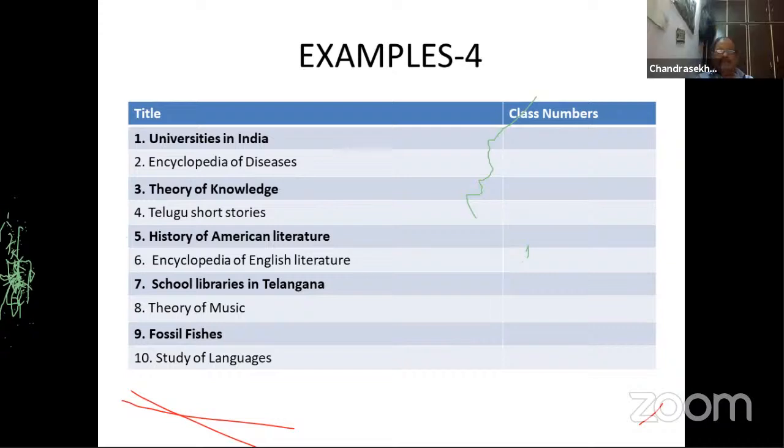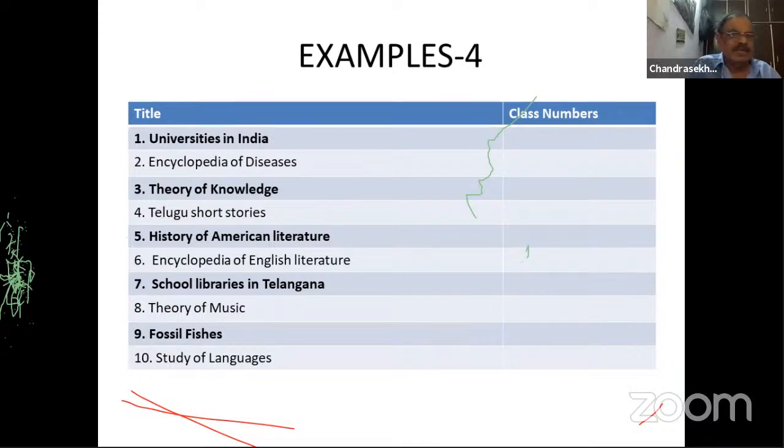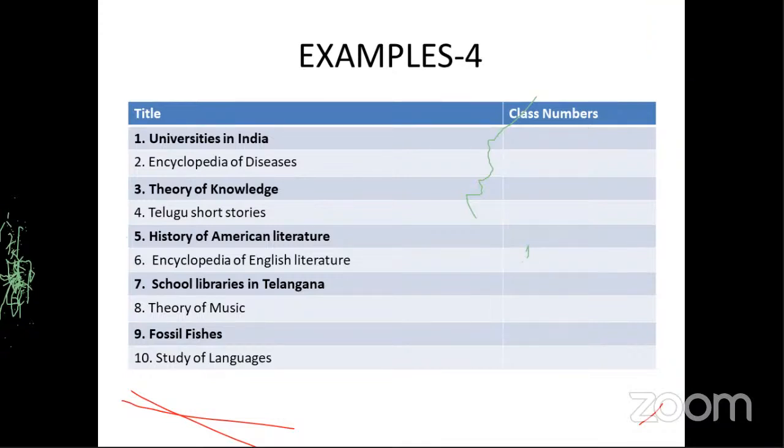So you go to 610 under medicine and check whether there are any appropriate revisions for this. 616 is diseases. Standard subdivisions: 03 is encyclopedia.